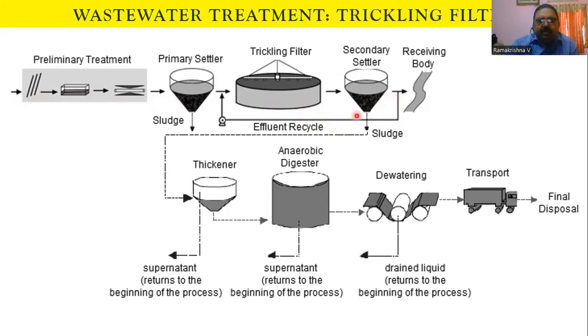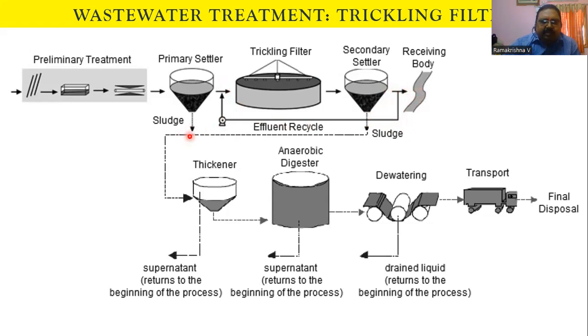The only difference is that earlier, in the activated sludge process, we were recycling the sludge back into the aeration tank. Now the wastewater coming from the secondary sedimentation tank will be recycled back into the trickling filter because the sludge concentration is very, very small here. And the wastewater after the secondary sedimentation tank can be directly discharged into the receiving body.